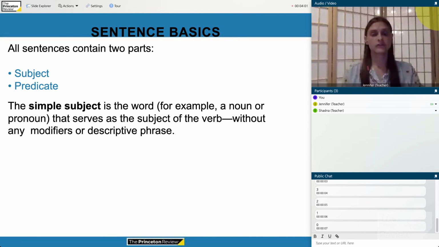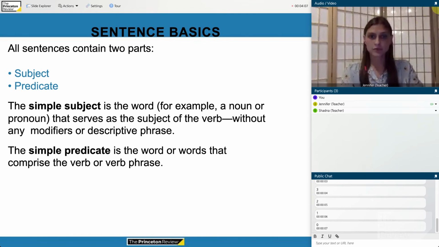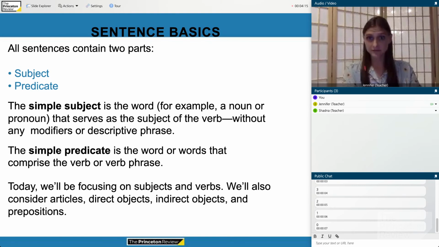So we're only going to be focusing on that today just to keep our diagram simple. And the simple predicate is just the word or verbs that comprise the verb or verb phrase. Again, we're keeping it simple. So today, we're going to see subjects, verbs, and those other things you saw in the warm-up, articles, indirect objects, direct objects, and we're also going to see some prepositions.